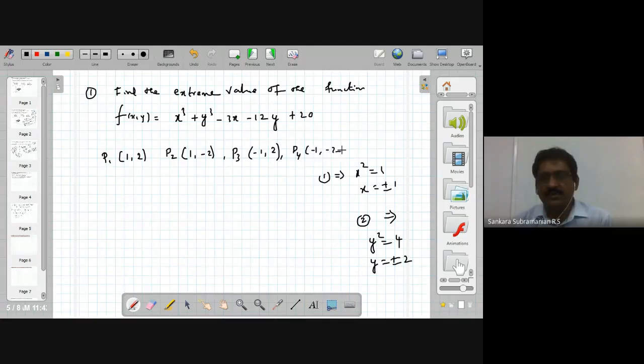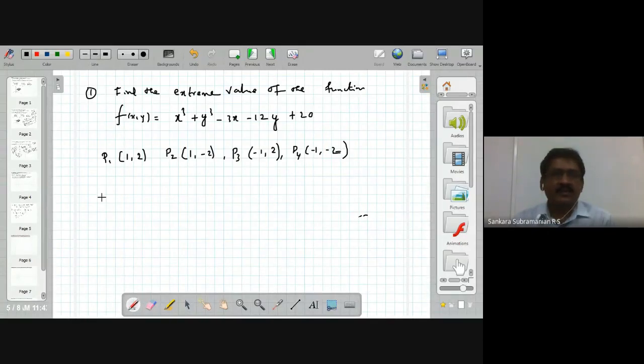So these are all the stationary points. Therefore the stationary points are 4 points you have got. I have to make a note. Then what is the step number 2?